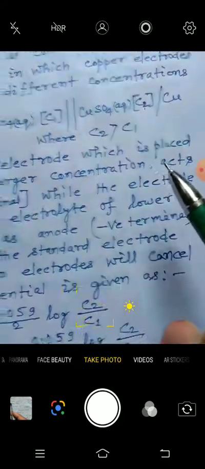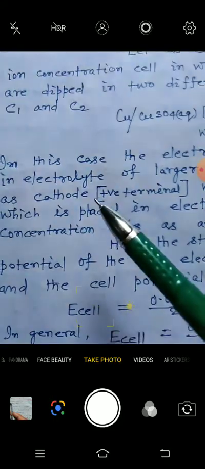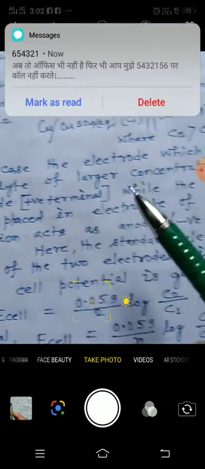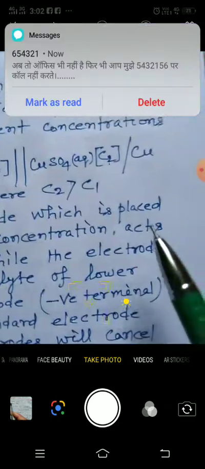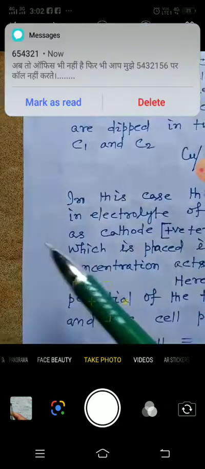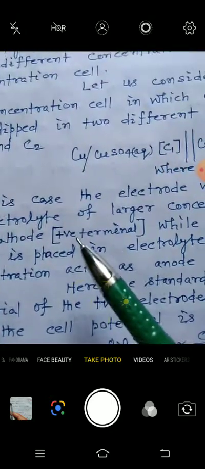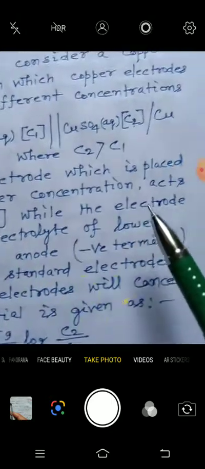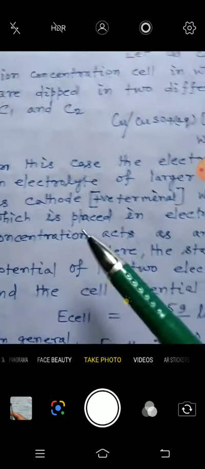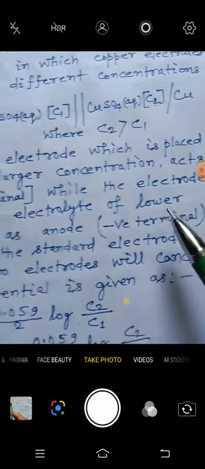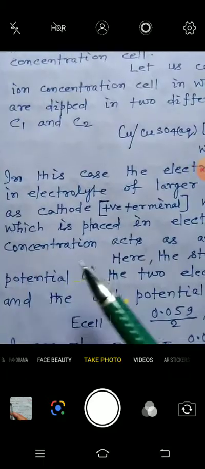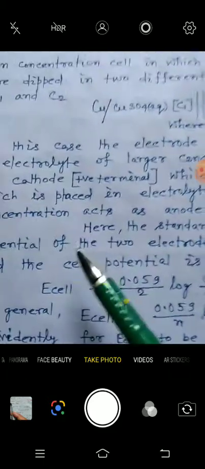In this case, the electrode which is placed in the electrolyte of larger concentration acts as cathode, the positive terminal, while the electrode which is placed in the electrolyte of lower concentration acts as anode, that is the negative terminal.